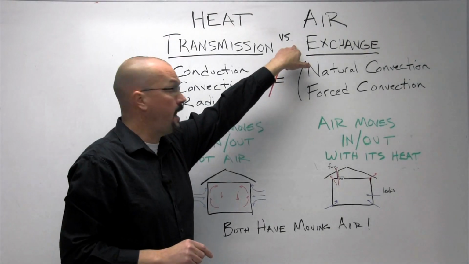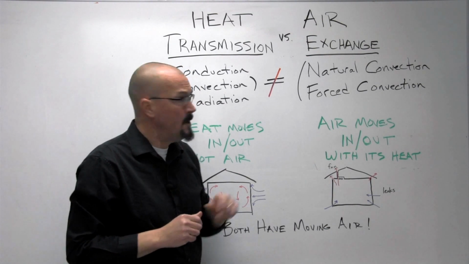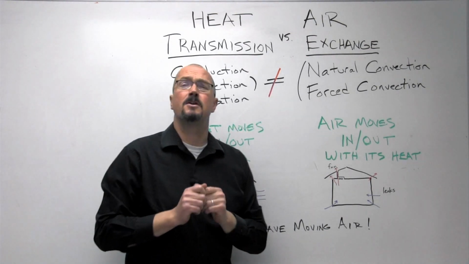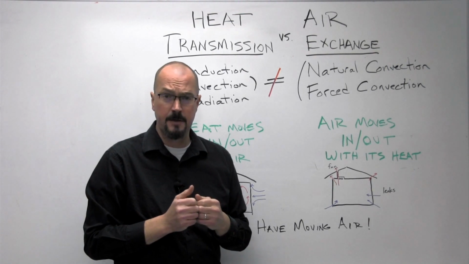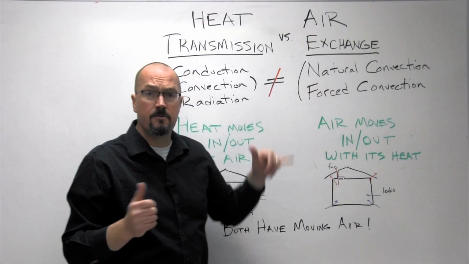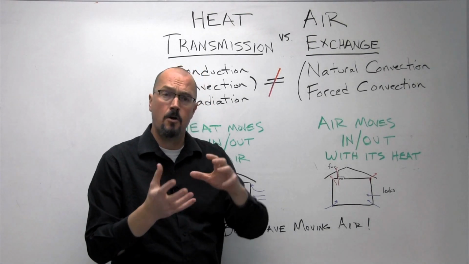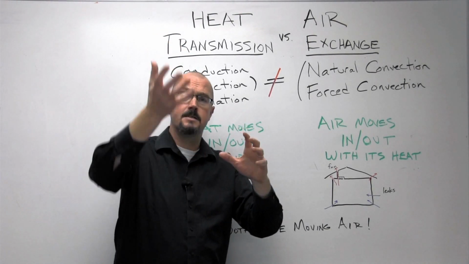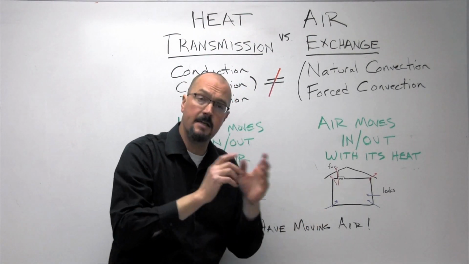Now in air exchange, the air does leave the building and come into the building. But the reason it gets confusing is because anytime you have air moving, you can describe it as convection. Indeed, natural convection is the process of warmer, less dense air rising, and colder, more dense air falling. That's natural convection.